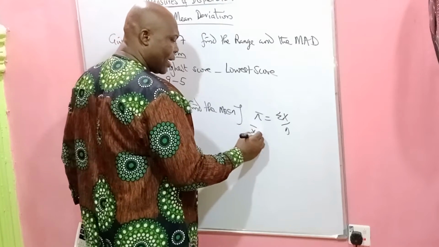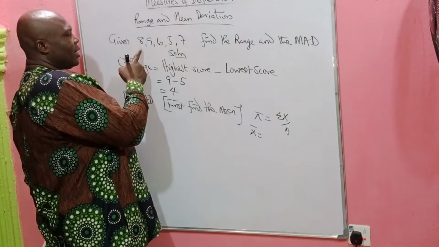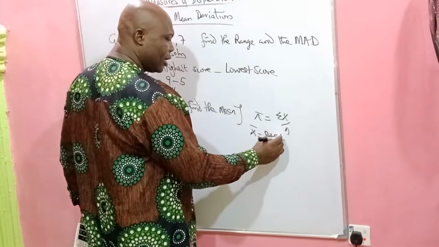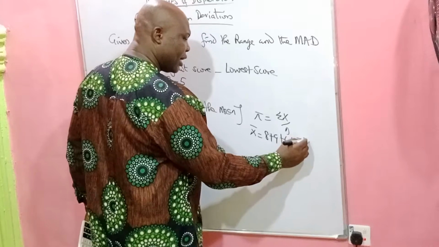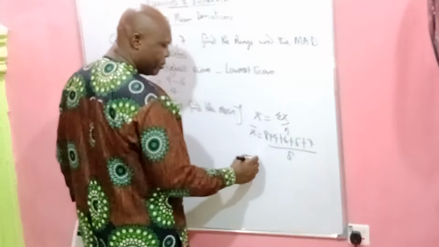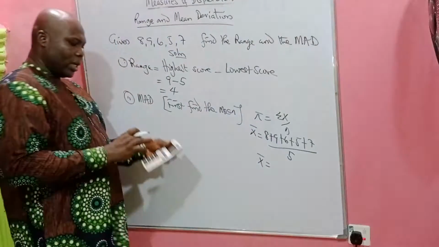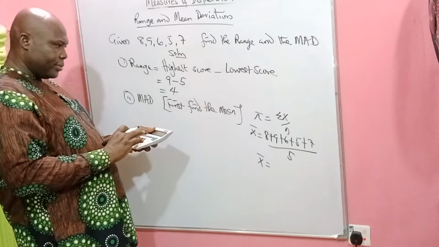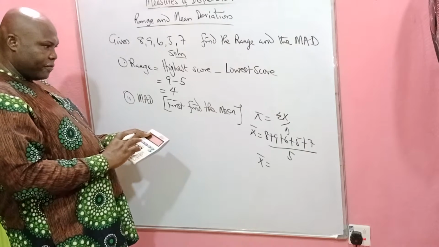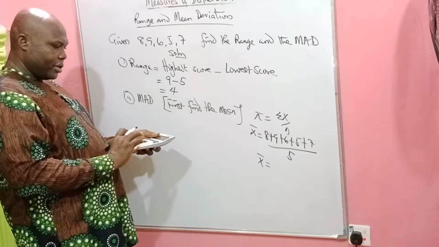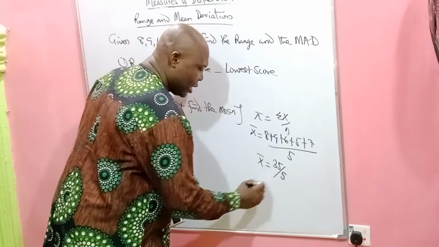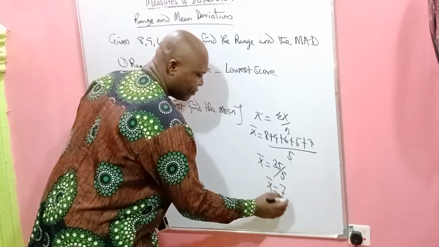So our x bar is to add the values 8, 9, 6, 5, 7, and then divide by how many numbers are given, that will be 5. So that will be 35. So 35 divided by 5 will give us a mean of 7.